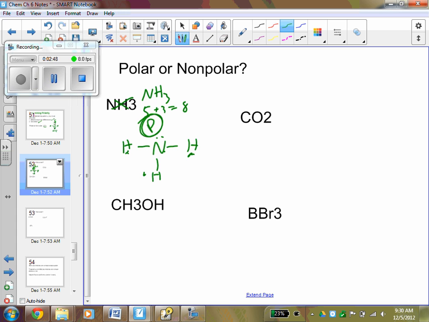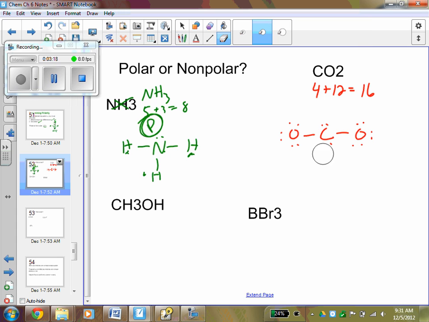Okay? When we took a look at carbon dioxide, if we just move this up here. Oops. Hold on, let me get my black marker. If we take a look at carbon dioxide, I have 4 valence electrons plus 12 gives me a total of 16 valence electrons. So when I put oxygen on here and I give everything an octet, I notice that I have 4 electrons too many.